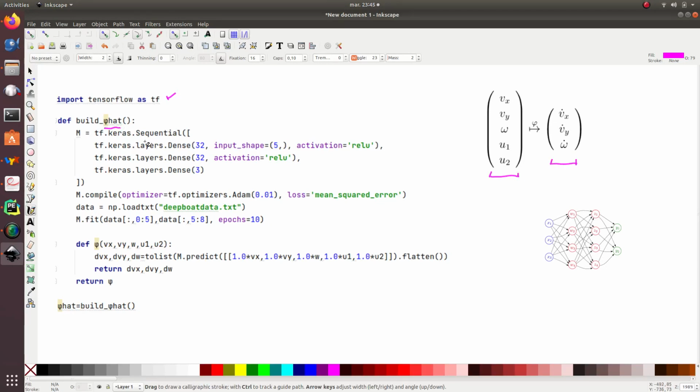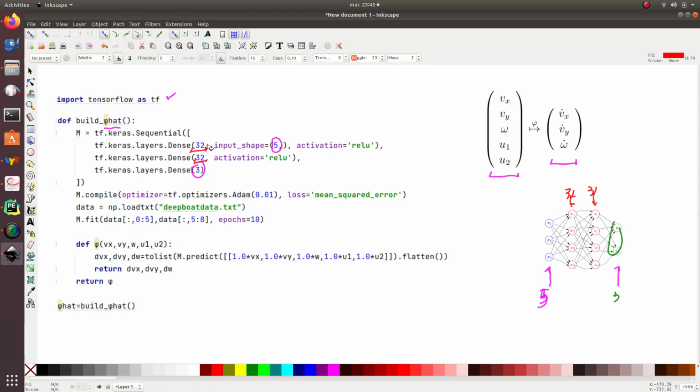This is why, when I build my Keras model, I will take 5 inputs and 3 outputs, instead of 3 inputs and 2 outputs like here. I will also use 2 hidden layers with 32 neurons each, and not 4.